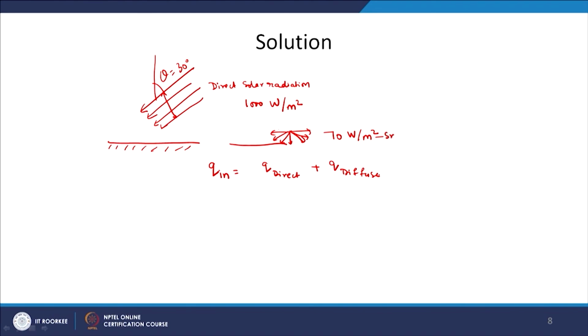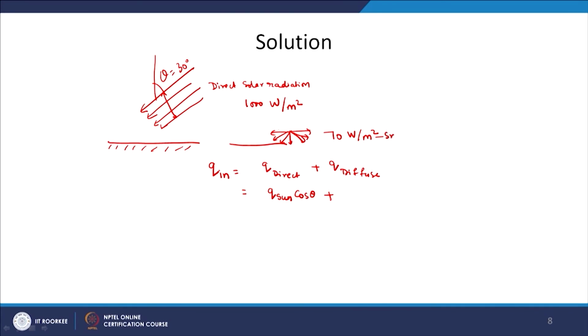So, Q direct will be equal to Q sun, the solar radiation intensity of 1000 watt per meter square, times cos theta. This theta is the angle made by the solar radiation from the surface normal direction. And for Q diffuse, you will have to integrate it over all the angles.